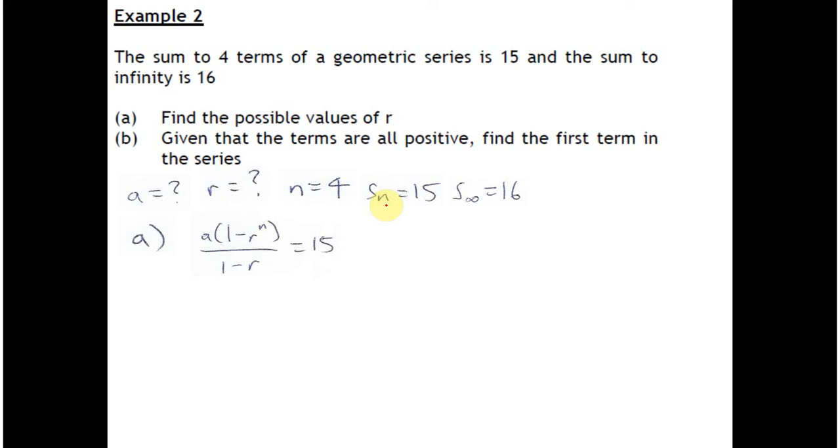So starting with Sn equals 15, that means that we can replace Sn with the sum to n terms formula, so a times 1 minus r to the n all over 1 minus r is equal to 15.